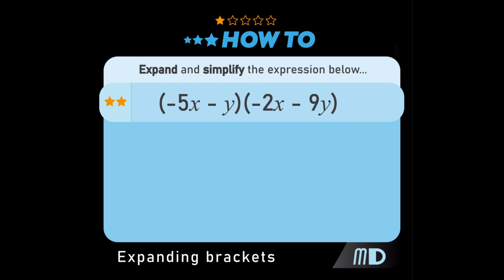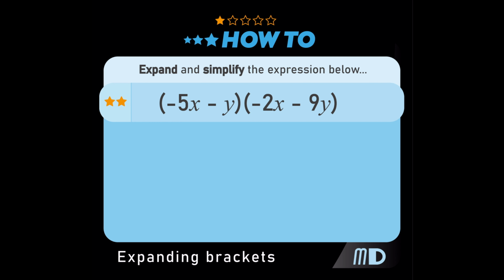The expression here is minus 5x minus y enclosed inside one pair of brackets, multiplied by minus 2x minus 9y enclosed inside a second pair of brackets.